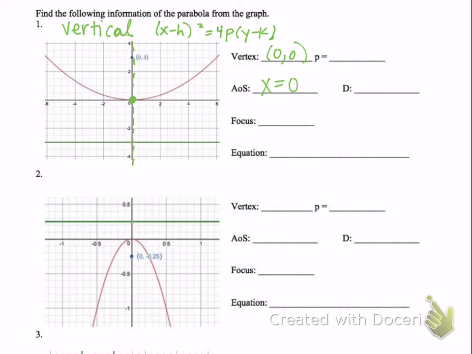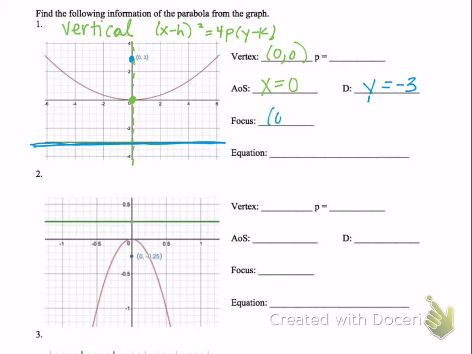Then we're going to fill in the directrix and the focus, and then we can fill in what our p is. The directrix is this line that is below the parabola. So what is the equation of that line? Y equals negative 3. And my focus is the point that is towards where the parabola is going.